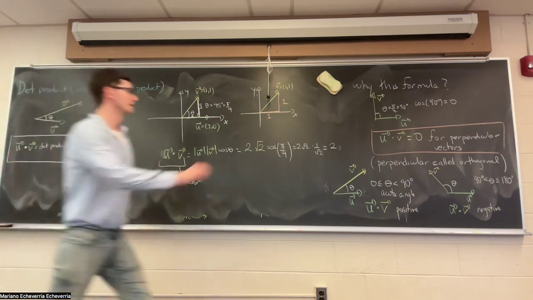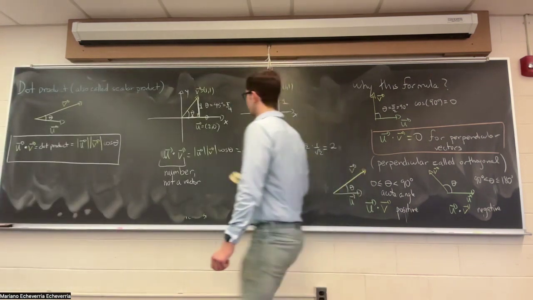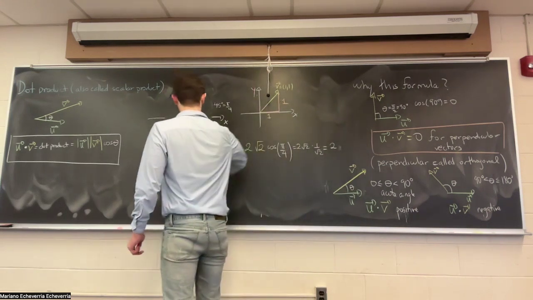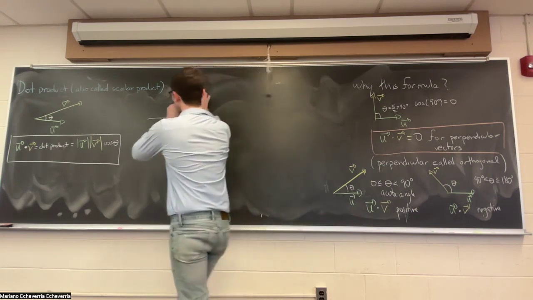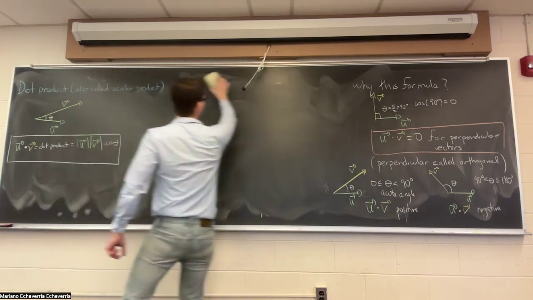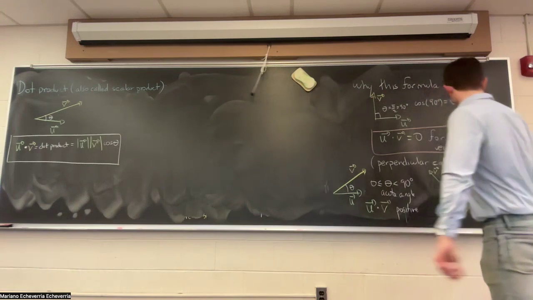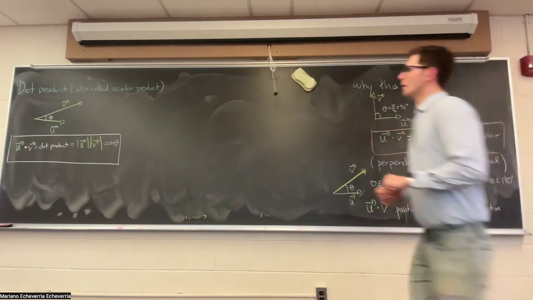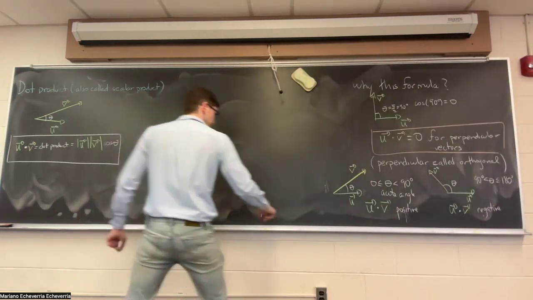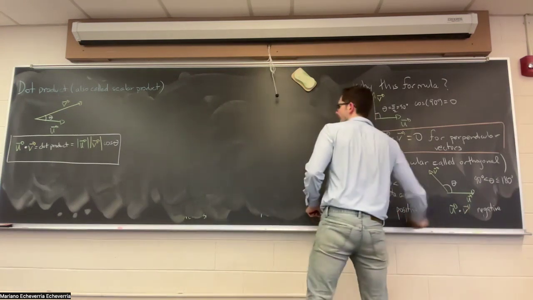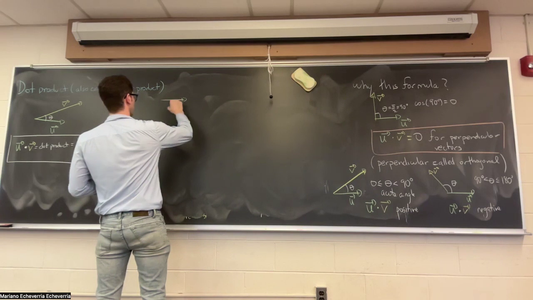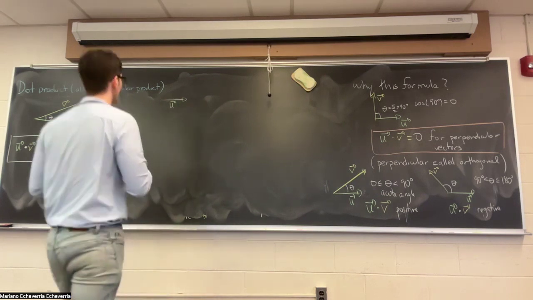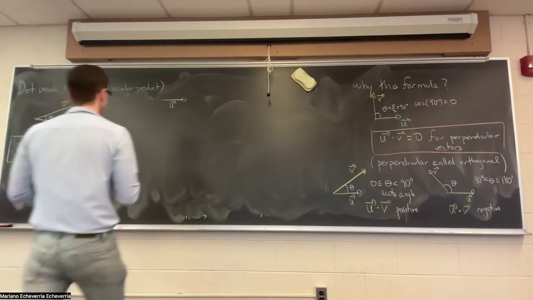So what's the dot product of a vector with itself? Let's say I want to find u dot u.